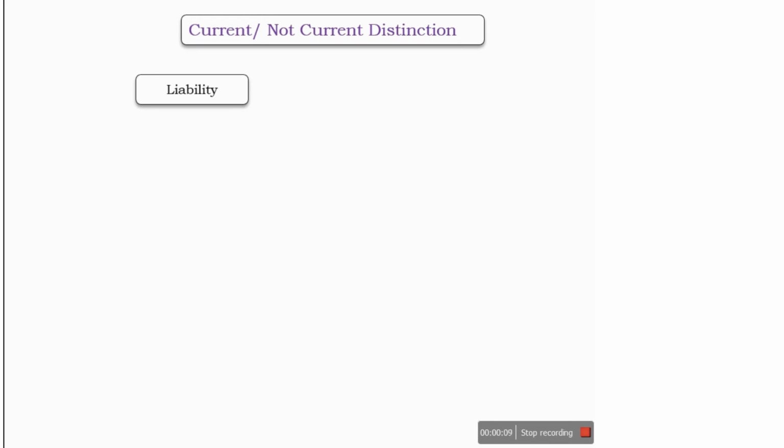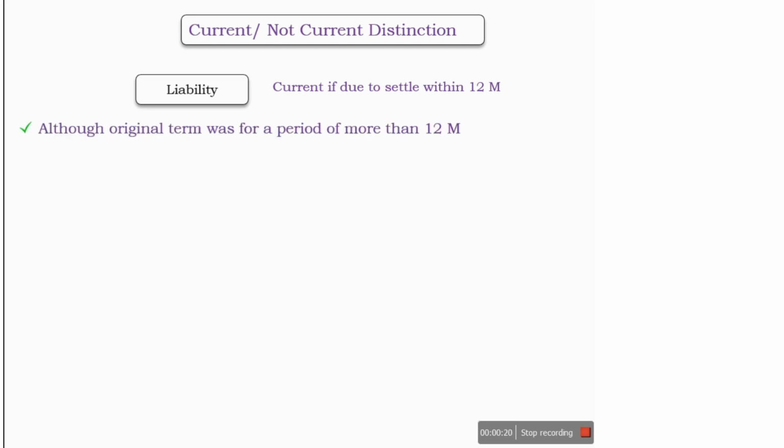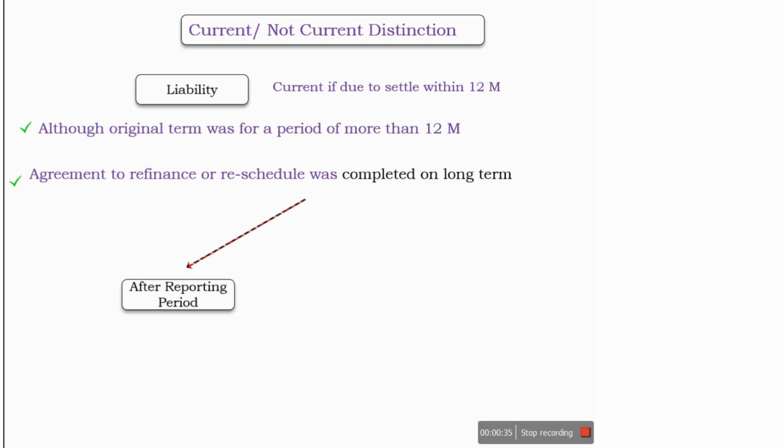It says that a liability will be classified as current if it is due to settle within 12 months from the end of the reporting period, even if the original term of the liability was more than 12 months, and the loan has been refinanced or rescheduled, and the agreement to refinance and reschedule on a long-term basis was completed after the reporting period and before financial statements are approved. So in this case also, the liability will be classified as current.